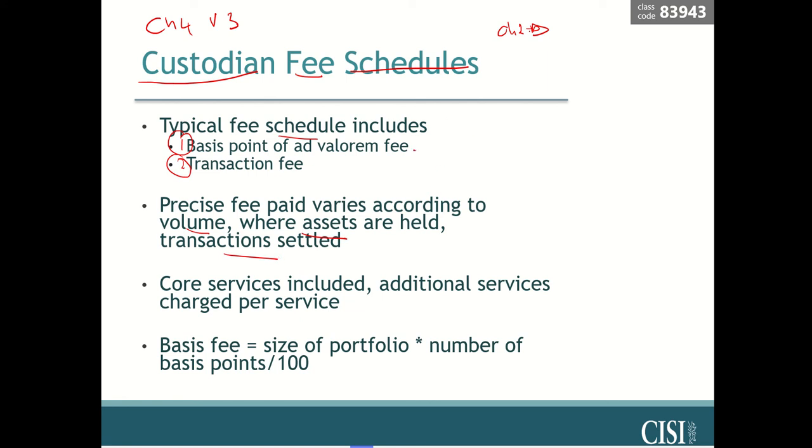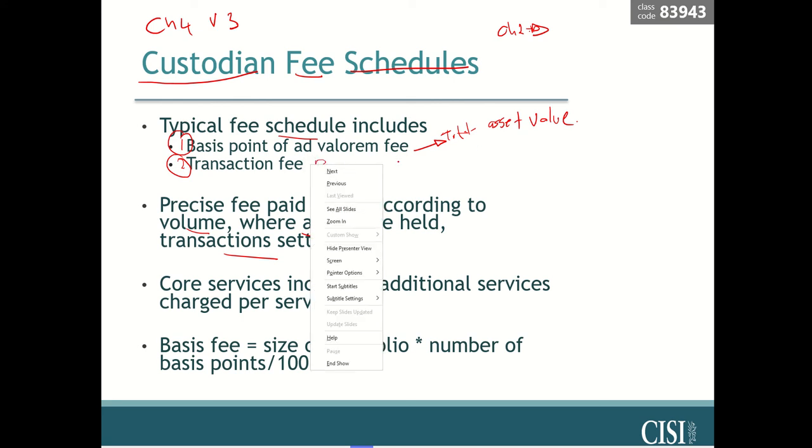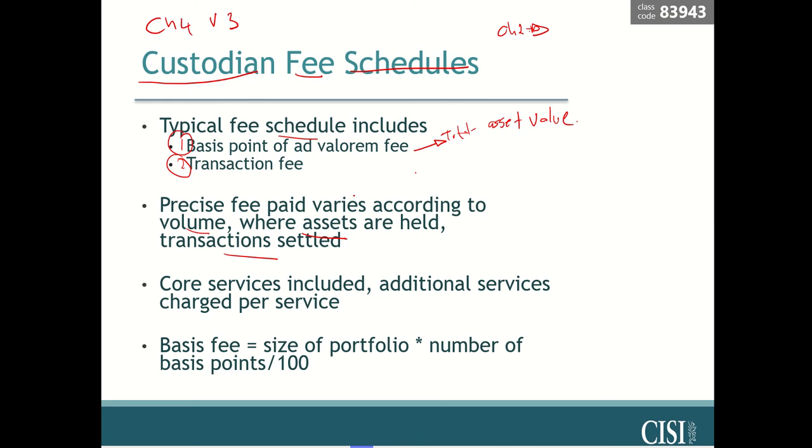The basis point fee is charged against the value of the assets, so the total asset value, and this is for the payment of asset servicing duties. And the transaction fee will be done on a transaction by transaction basis.